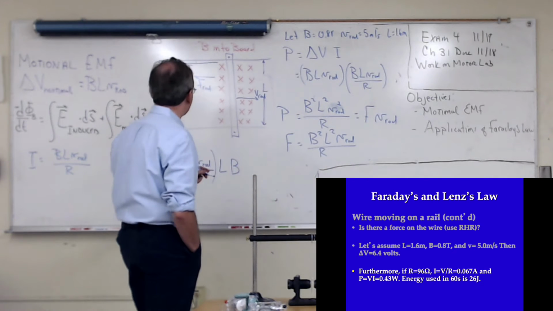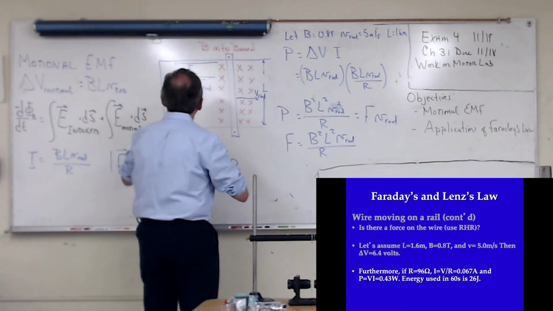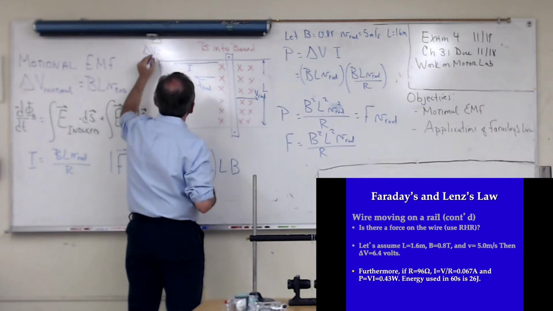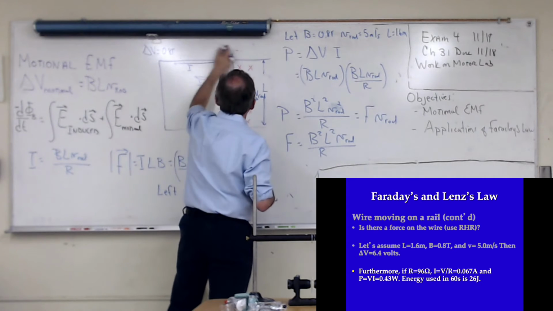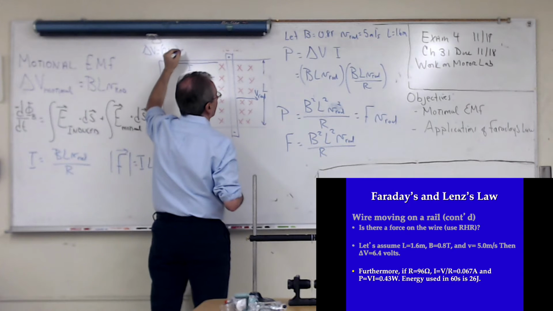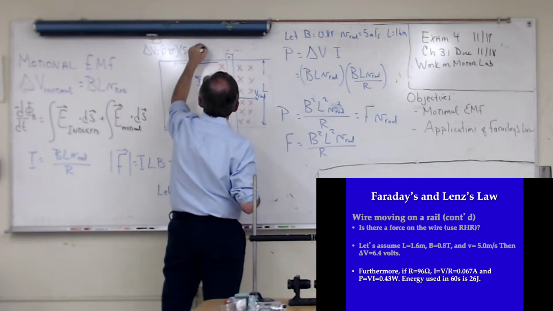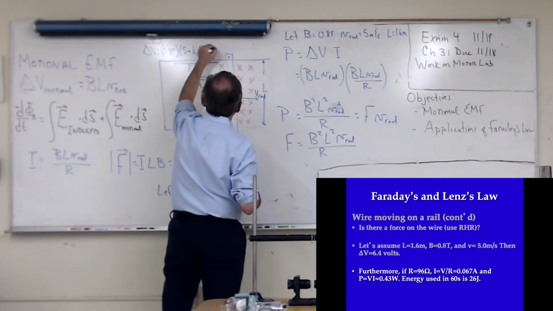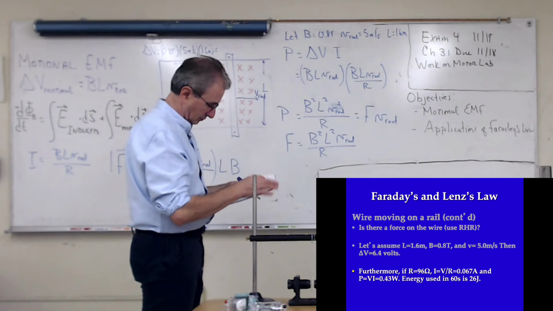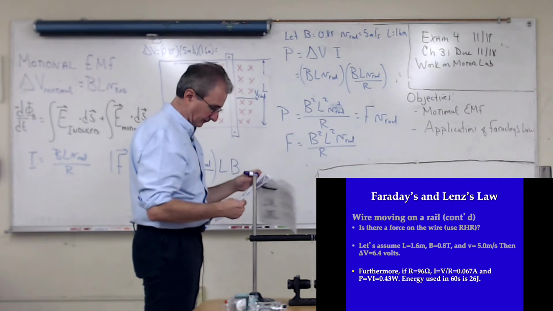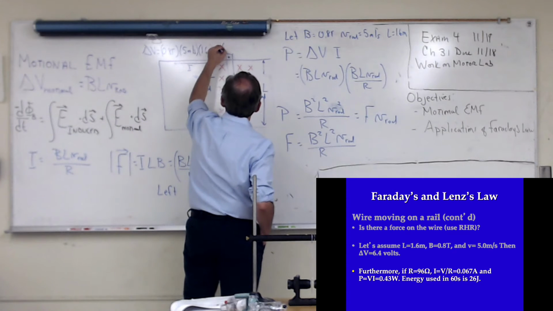So in this particular case, delta V is going to be 0.8 Tesla times 5 meters per second times 1.6 meters. And that comes out to 6.4 volts. So the induced EMF is 6.4 volts.